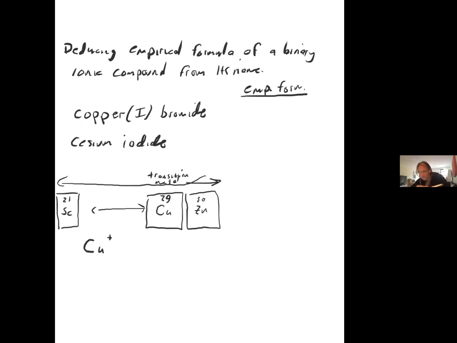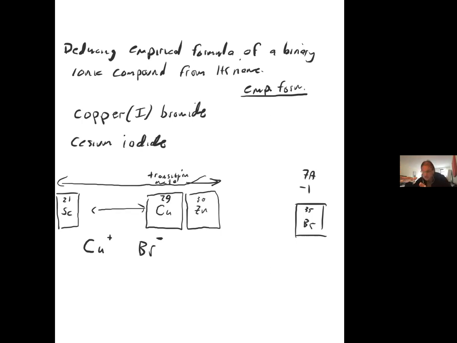Then you look at bromide. Where's bromide? Well, bromide is actually in the same row as copper. It's number 35. And it's group 7A, right? So 7A minus 1. So we know it's Br minus. Okay. So now you say, okay, well, how many positive charges do we have? 1. How many negative charges do we have? 1. They're equal.